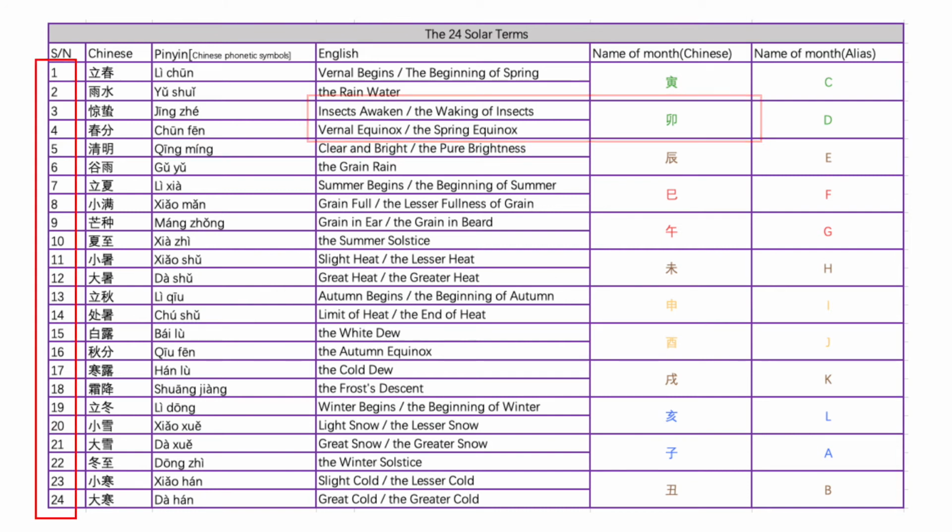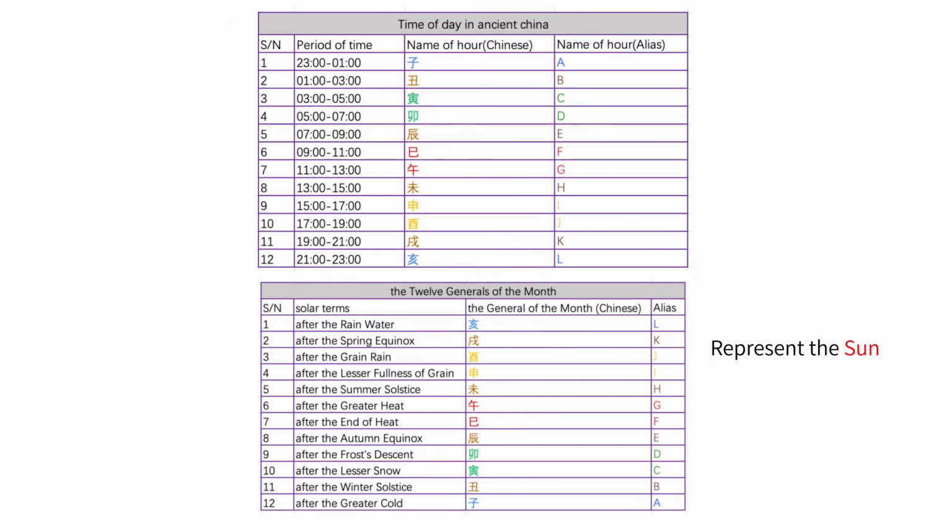The period of every 2 solar terms is 1 month. The names of the general of the month are also named after the 12 terrestrial branches. This table shows in different solar terms which of the 12 terrestrial branches was used by the ancients to represent the general of the month of each month.